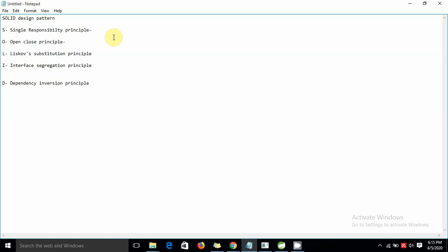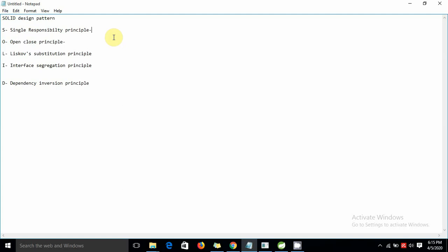And there is the interface segregation principle. That tells us that no interface should have uncommon methods which will be forcefully implemented by classes that are not related to them.